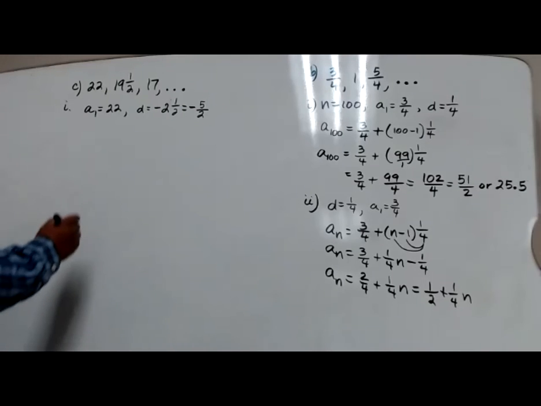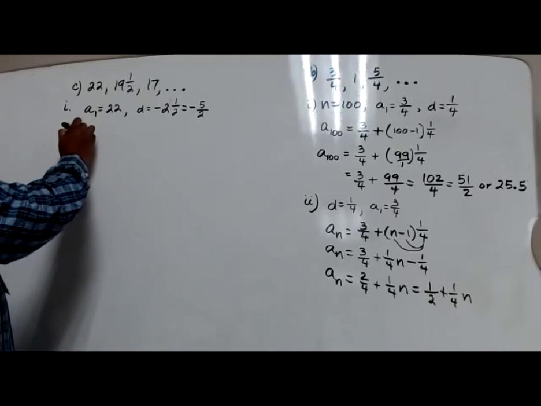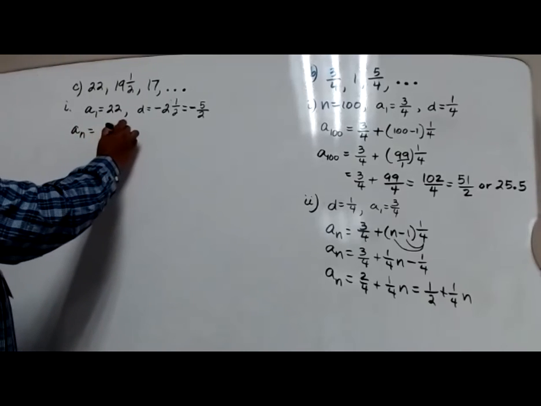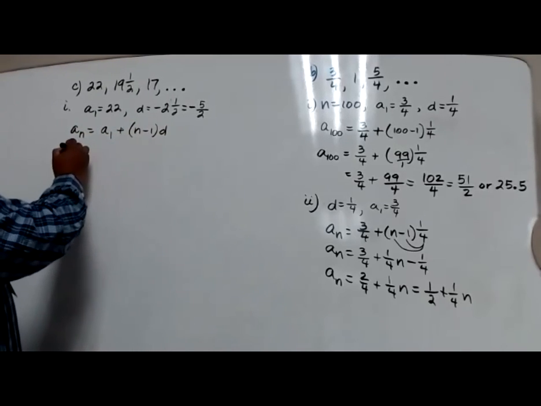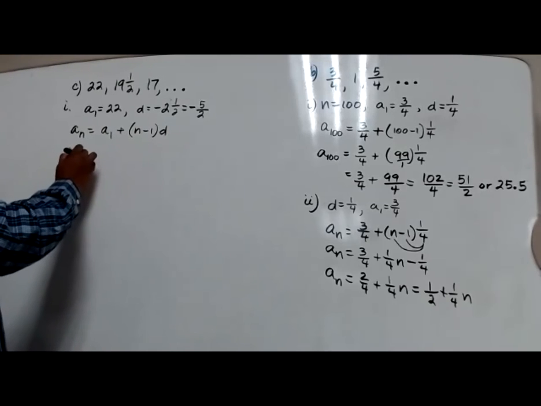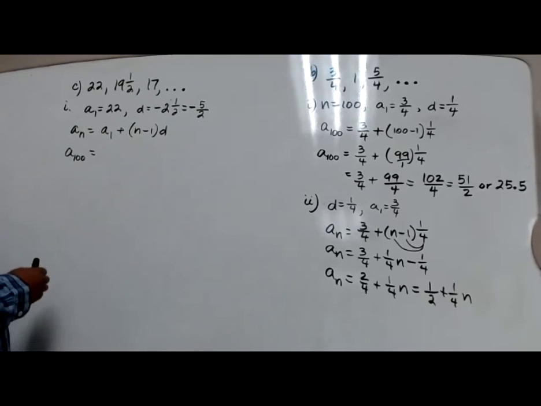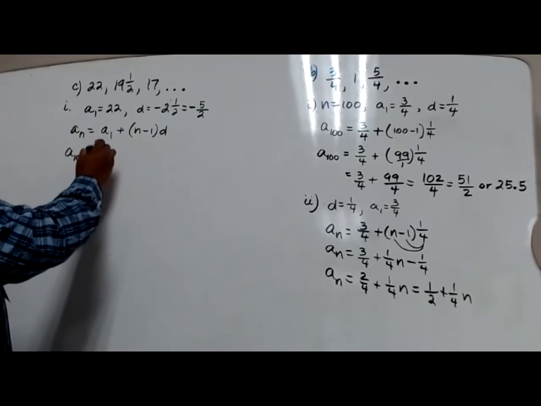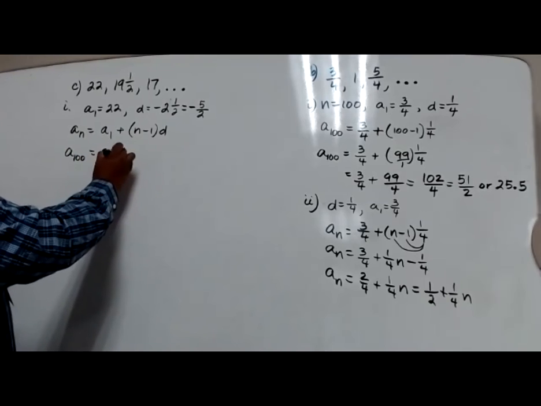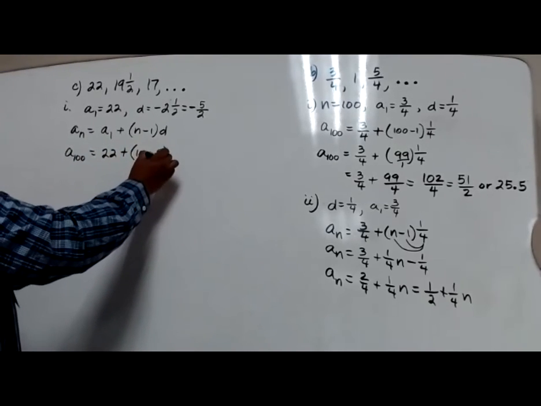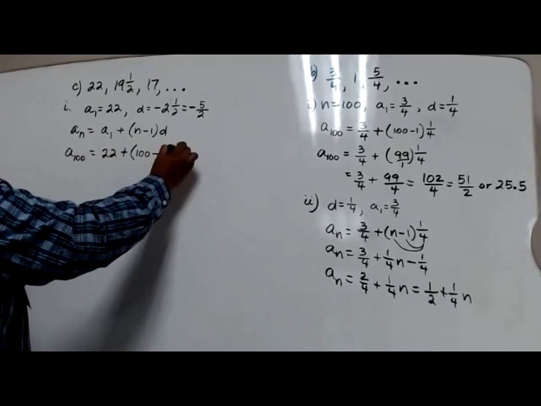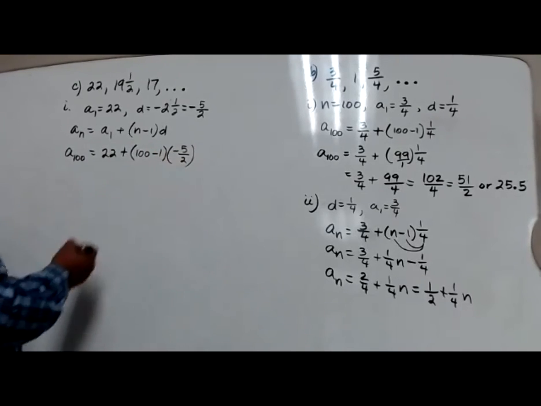Okay. So here, a sub n would be a sub 1 plus n minus 1 times d. And here we're finding the 100th term, so it'll be a sub 100 equal to a sub 1, that's 22, plus n, which is 100, minus 1, times d, which is -5/2.